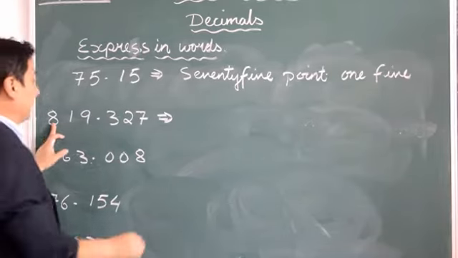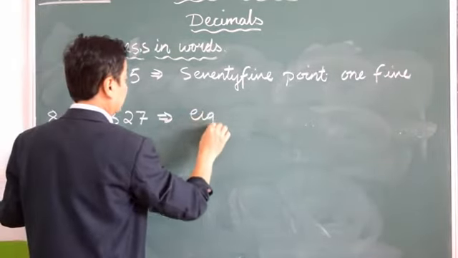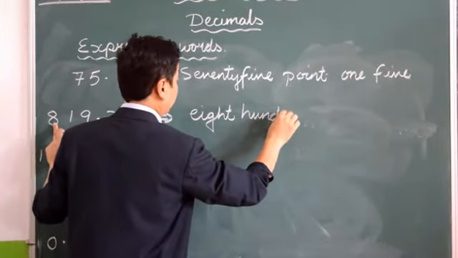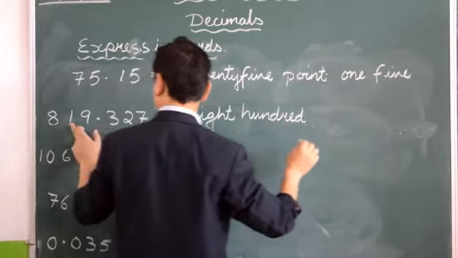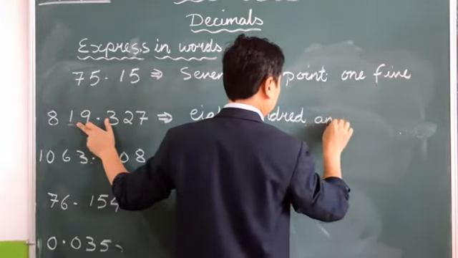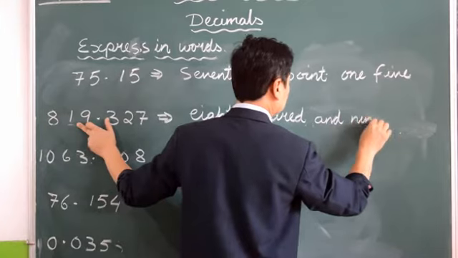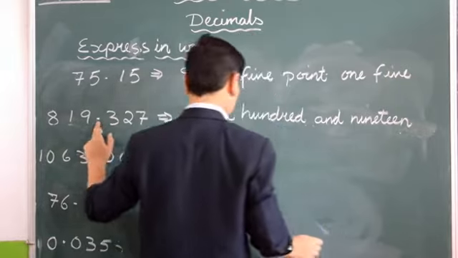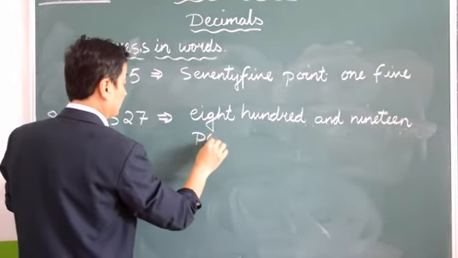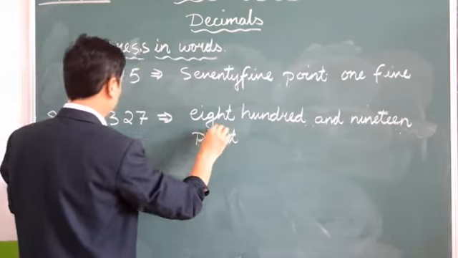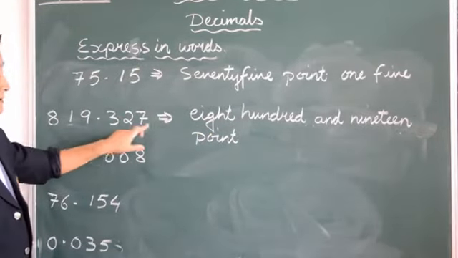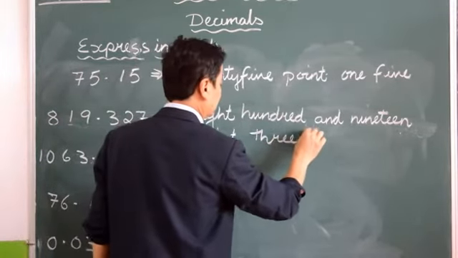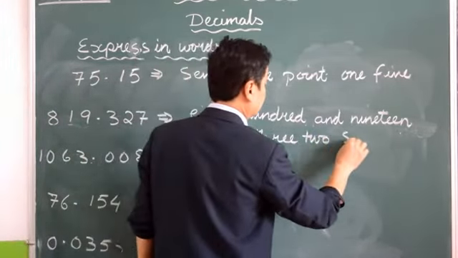How many hundreds? 8 hundreds. 800. And how much? Very good, 19. After 19, what do you see? Yes, point. Don't forget to write point. Point must be written. Point 327.